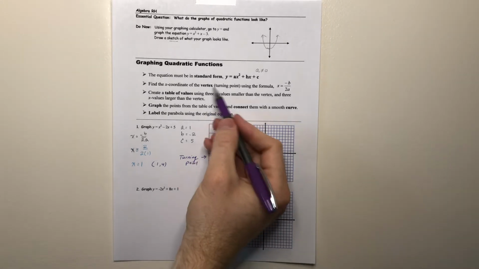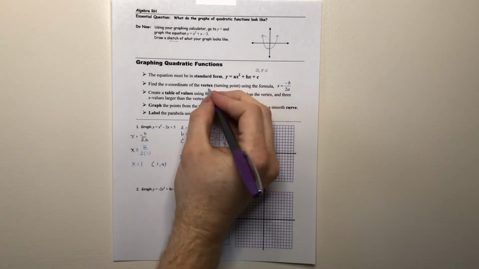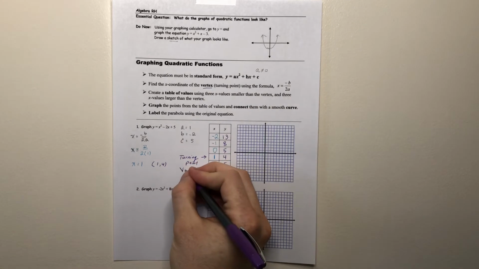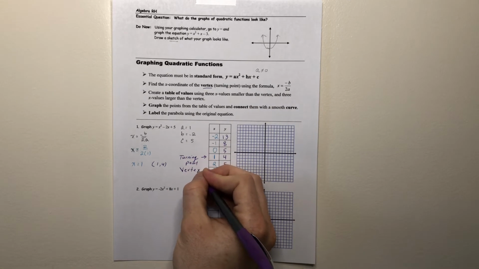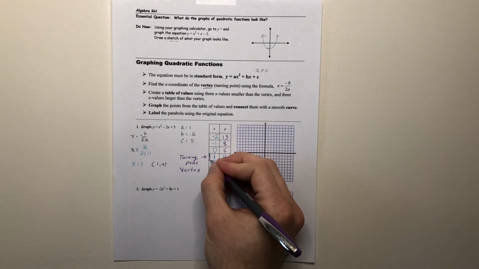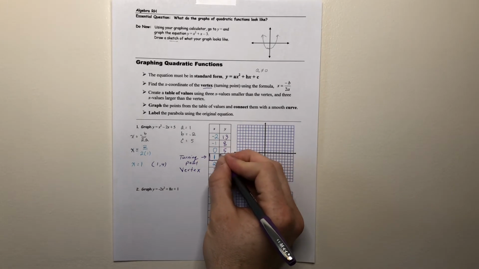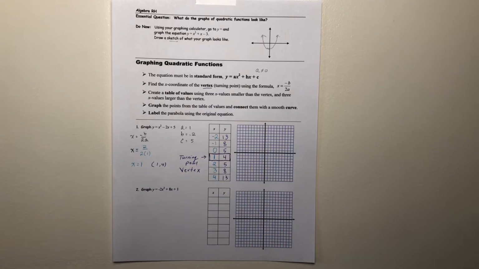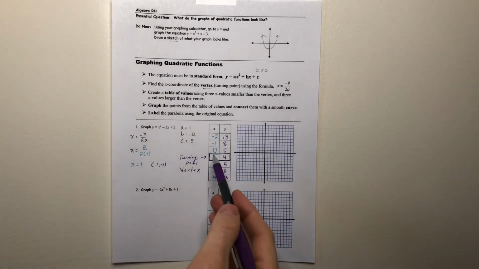Another word for the turning point is the vertex. So it's also called our vertex. This point right here. So I know that our U shape is going to turn at this location.